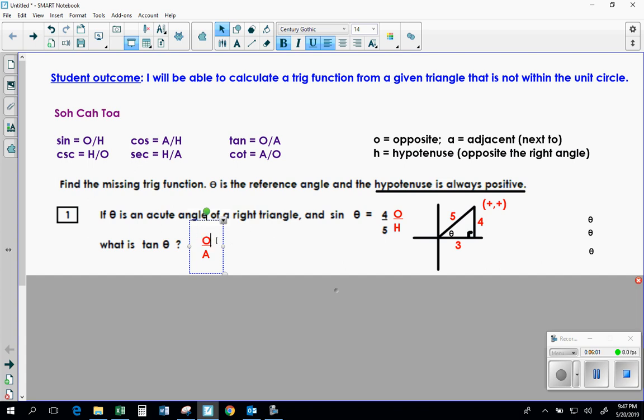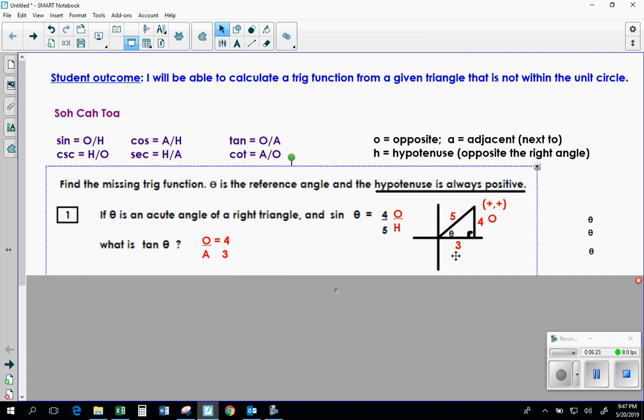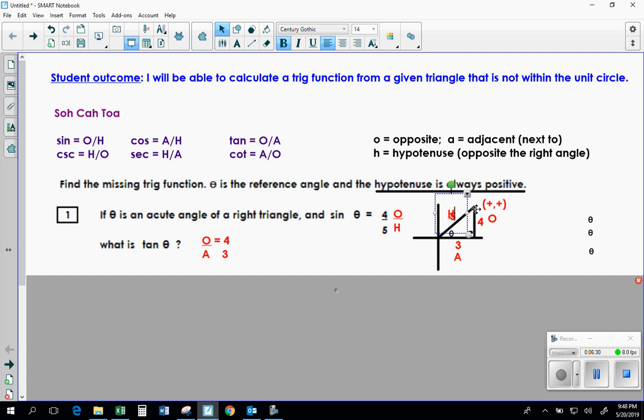And now you can just fill that in with your answer. Opposite 4 over adjacent 3. Okay, if you need to put on your O for opposite side and A for adjacent side, remember the first thing I taught you when I first taught this is to identify your hypotenuse first, because the hypotenuse never changes.